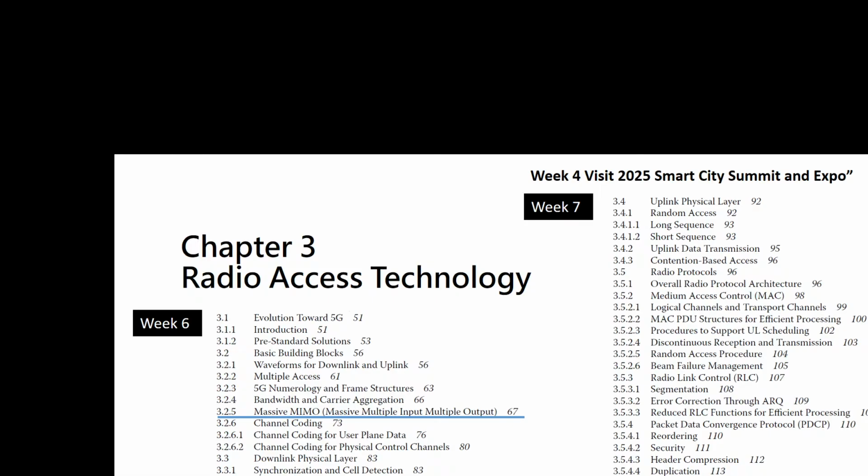So today we are trying to explain the technology or enablers used to make the data go through the network, I mean the radio, and get down to our internet.